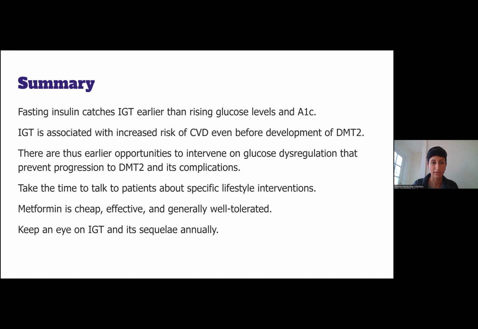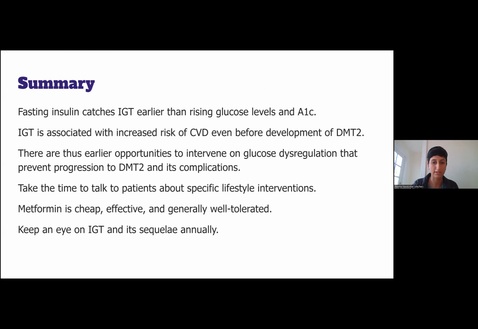Okay, I think I sped through that a little bit faster than intended, but the take-home points I'd like you to remember is that fasting insulin is a robust test to catch impaired glucose tolerance early. It's associated with increased risk of cardiovascular disease even before you start seeing increases in A1C.